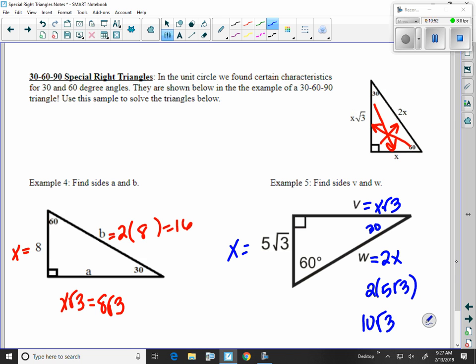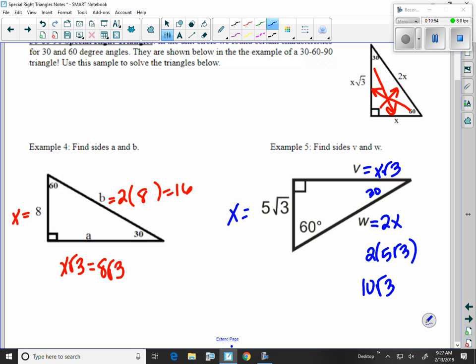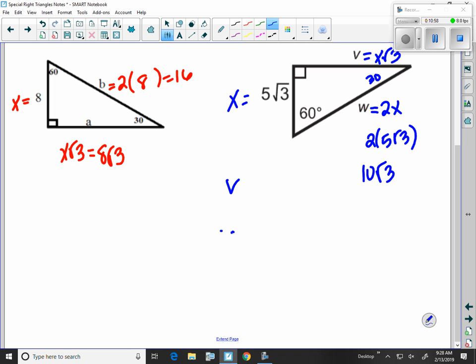Okay, v is a little bit more work. Not too bad though. Okay, so v is x square root of 3. So let's go ahead and plug in our 5 square root of 3 for x. Okay, so x in this case is our 5 square root of 3. Now in this case, what am I multiplying together here?